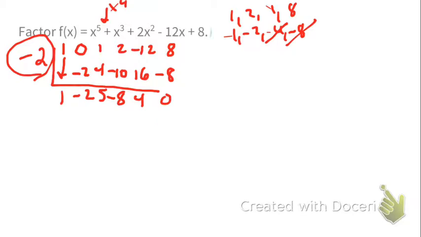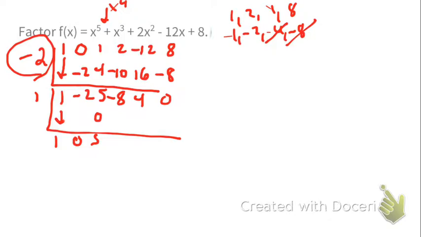And now we're going to try these numbers: 1, -2, 5, -8, 4, and 0. So -2 could work again, but let's just try 1 because 1's easier to work with. So now I'm going to bring down a 1, multiply, add, multiply, add, multiply. Something went wrong here. Right here I put a 2.